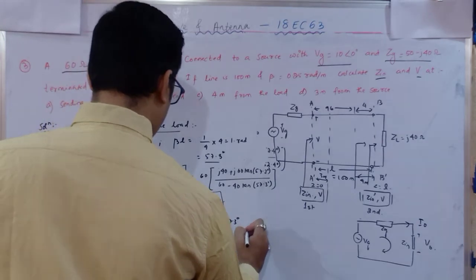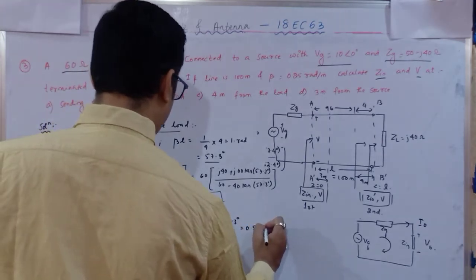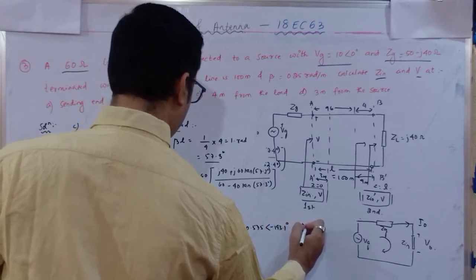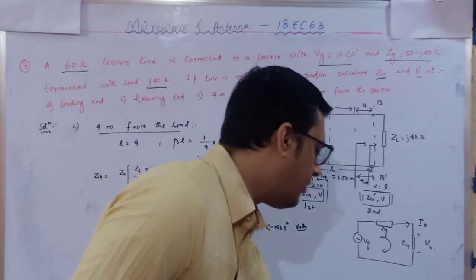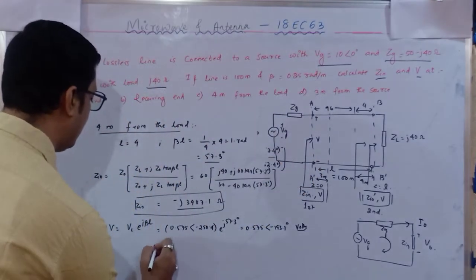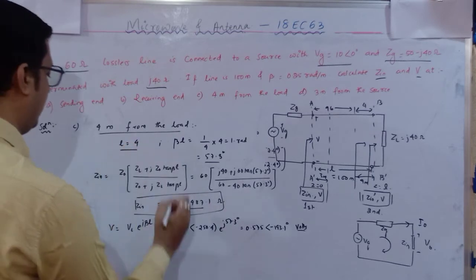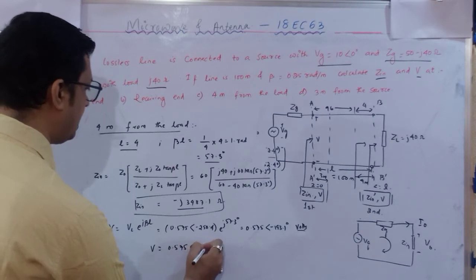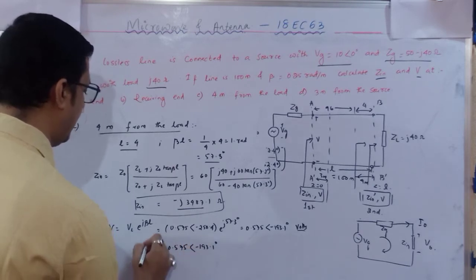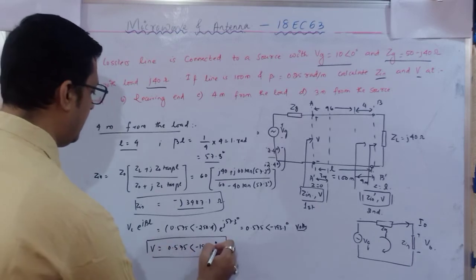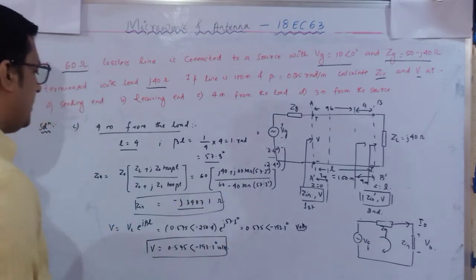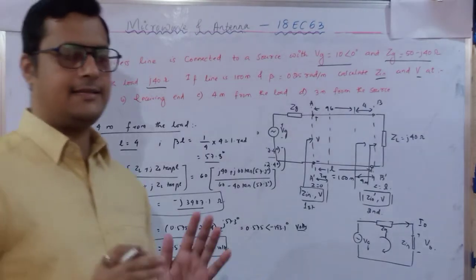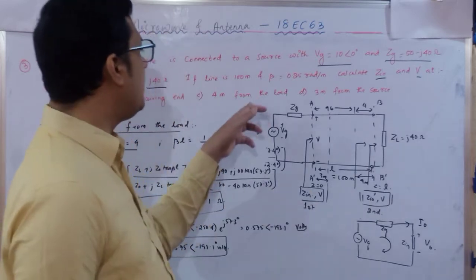So you will get 0.575 angle minus 193.1 volt. So this is the potential at distance L equal to 4, that is 0.575 angle minus 193.1 degree volts. Done. This is the input impedance, and this is the potential at a distance L equal to 4 meter from the load.